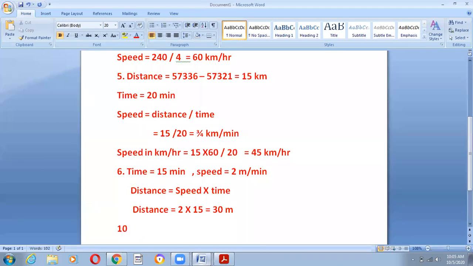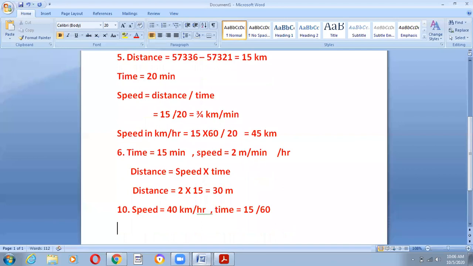That is question number 10. In question number 10, we are given speed. Speed is equal to 40 kilometer per hour. Time is equal to 15 minutes. Very careful. In the answer options, we have all the distances in kilometers, so we will convert this into hours. So I am dividing this, and it will become 15 upon 60 hours. Right? Now put the value here.